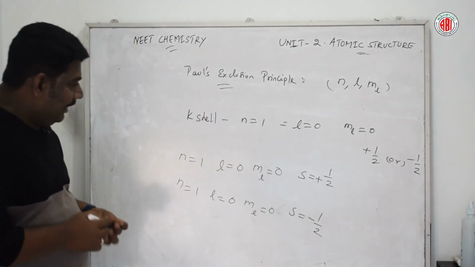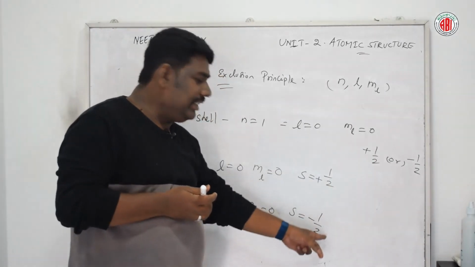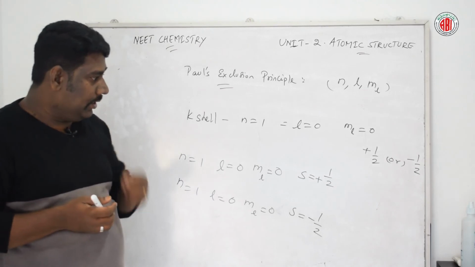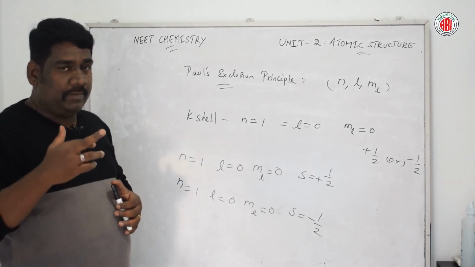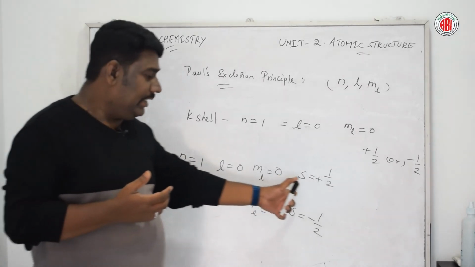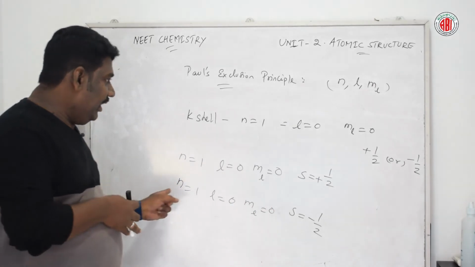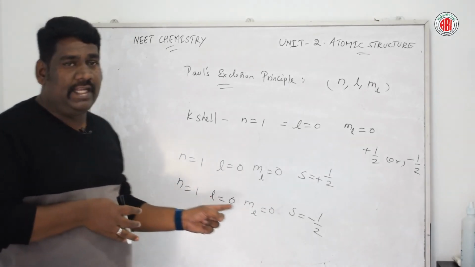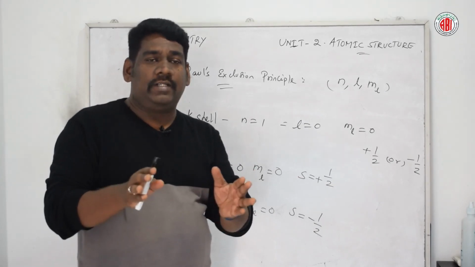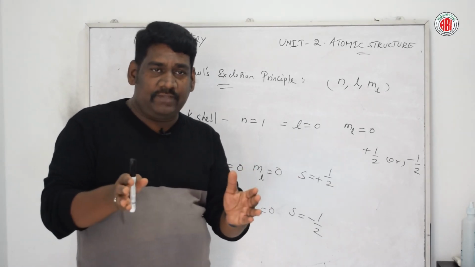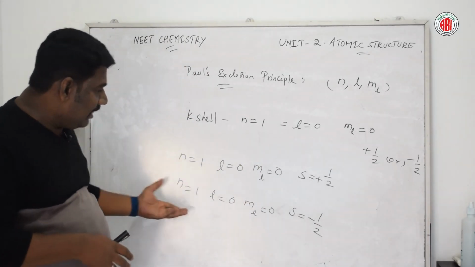This explains that out of these 2, any one we are going to describe for 1 electron, as the electron could spin in 2 different positions, one anti-clockwise and the other clockwise. So this explains very clearly that there are no 2 electrons in an atom that can have the same values for all the 4 quantum numbers. You can see that all the 4 quantum numbers are not similar.